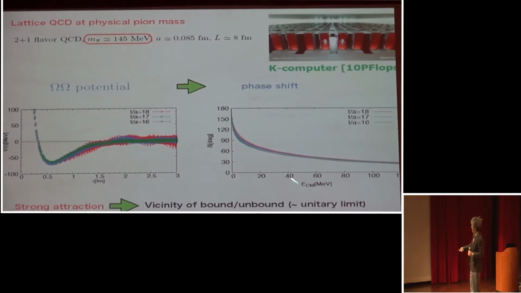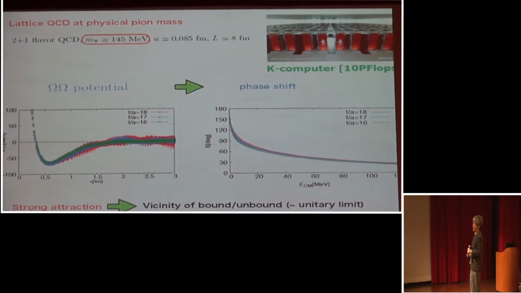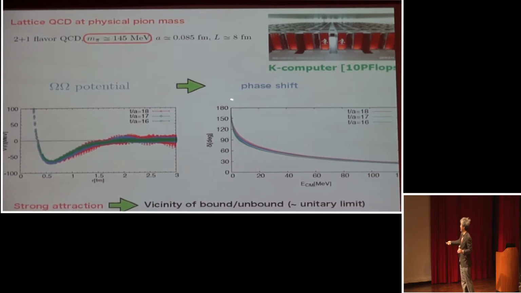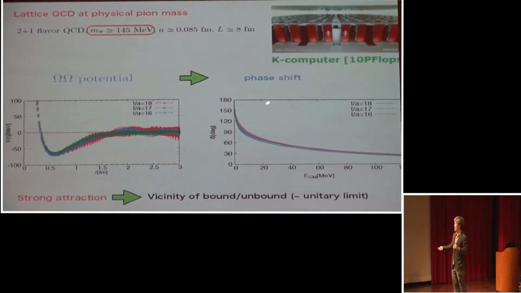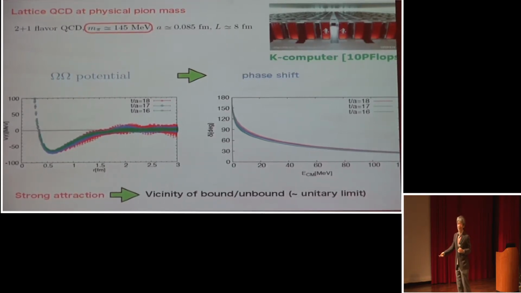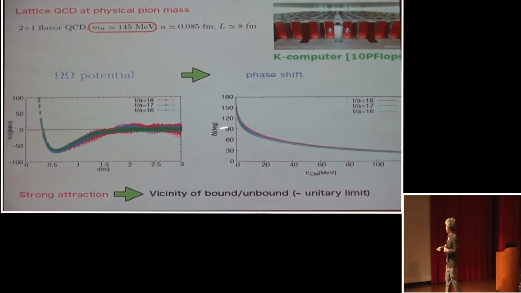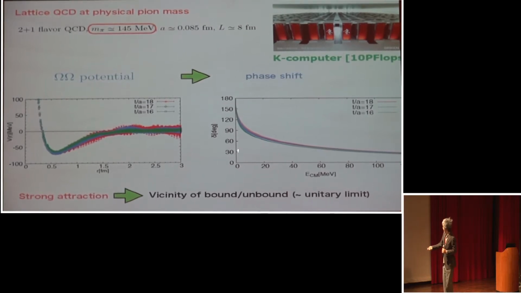So the scattering phase shift as a function of energy looks something like this. The phase shift starts at 180 degrees, at pi. Pi means there exists one bound state at negative energy. And this change is also very strong.